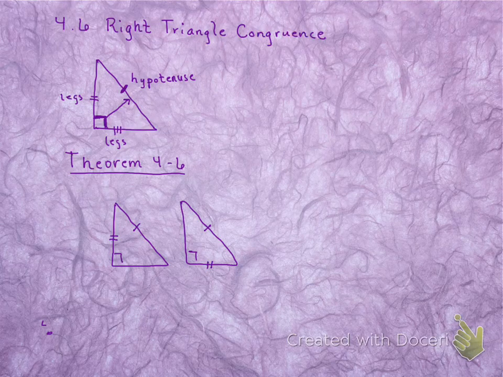The legs have to be corresponding legs. So that would be right triangle congruence, or this would be right triangle congruence. We need to make sure that we understand that the word corresponding, as far as the legs go, is very important.